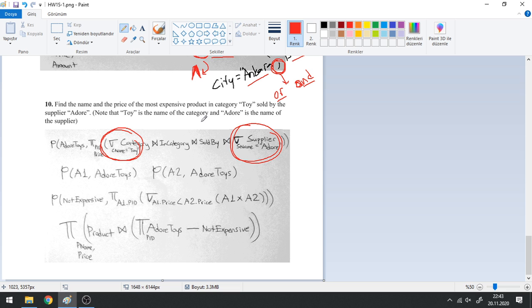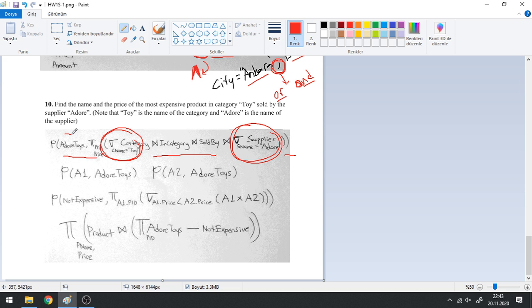So some people were first finding the most expensive product, and then they were joining, or they were looking at the intersection with the toy and other suppliers and categories. So what we need to do first is to find the products that are in the toy category and that are supplied by the other at the same time. So you can also use some intersection here, that's not a problem, but using the join operations is more straightforward.